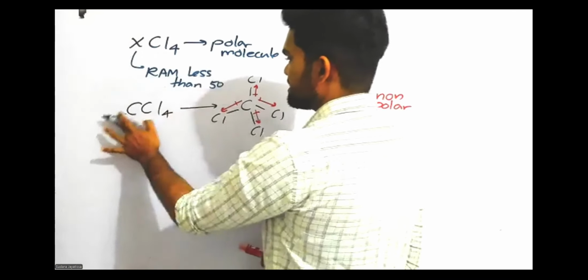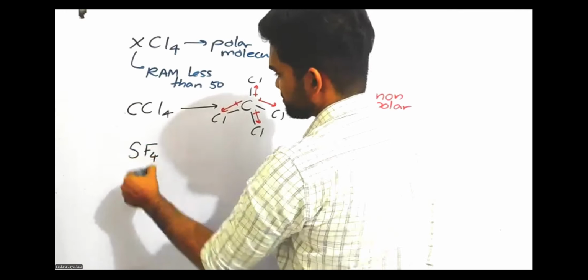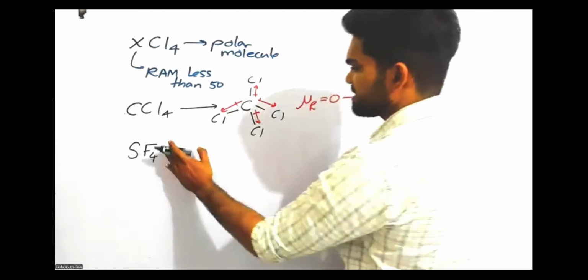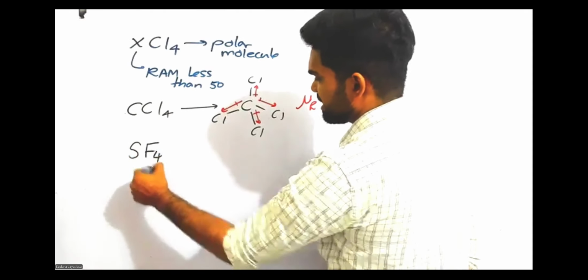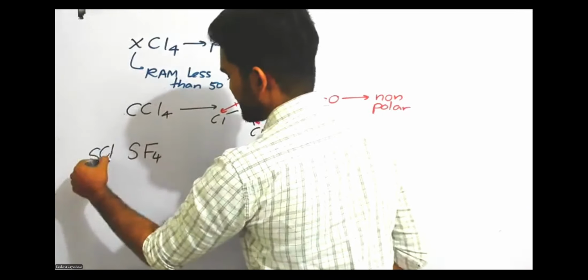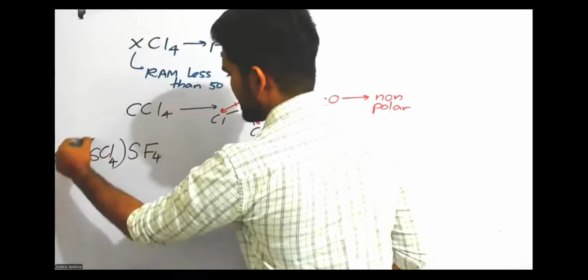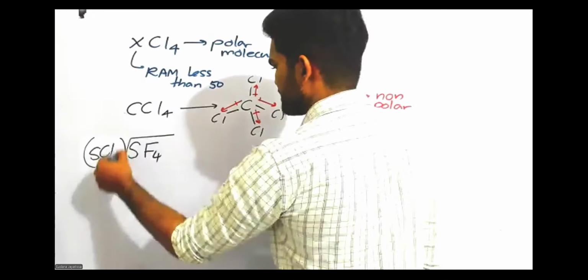Then there is another example. We can take SF4. We can't write SCl4, I'll explain later why SCl4 is not coming, but let's take SF4 for now. Focus on this one.